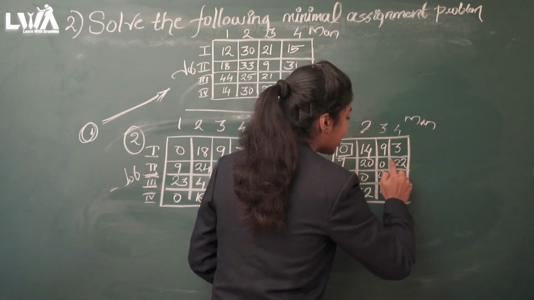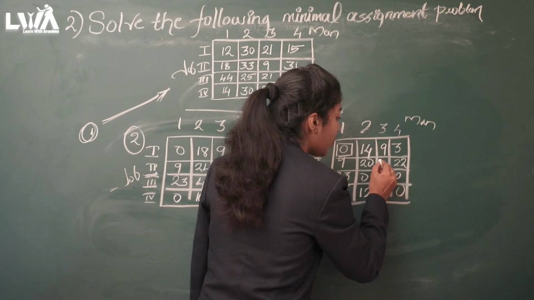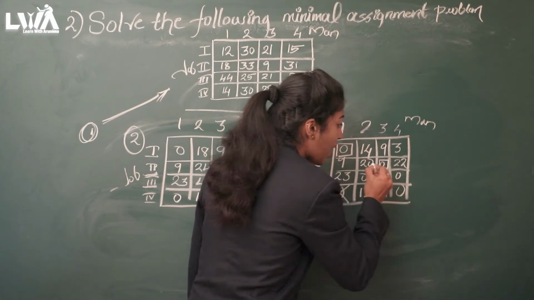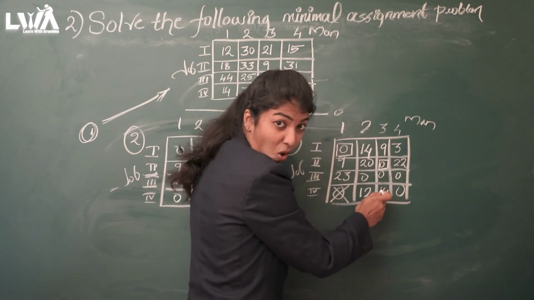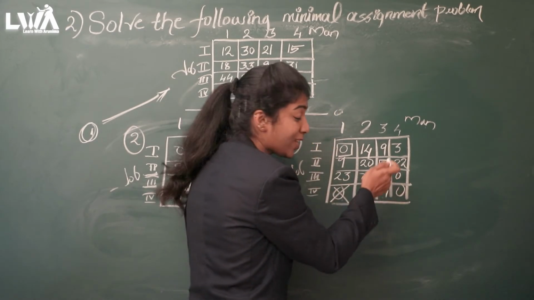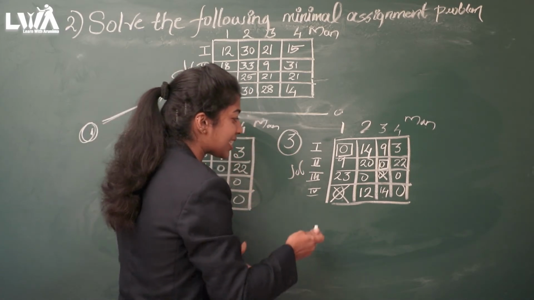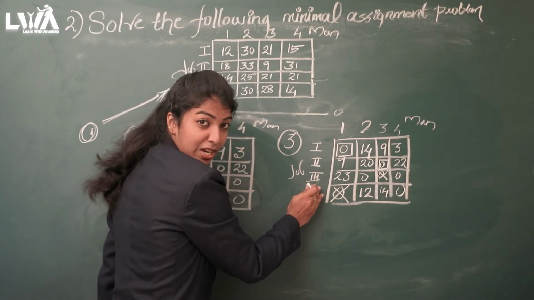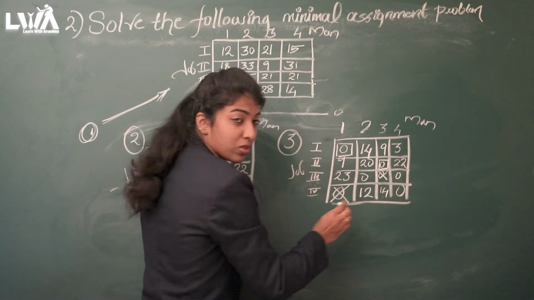Next, look at the second row. In the second row, we got 1, 0. We have marked it. In that corresponding column also, one more 0 is there. So we can eliminate that. Okay? Next, in the third row, we got 2 zeros.